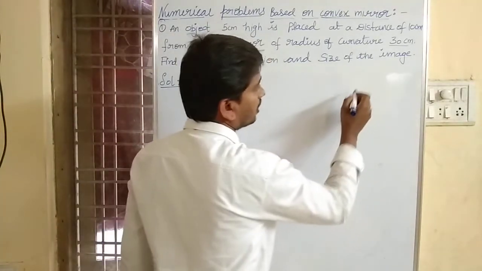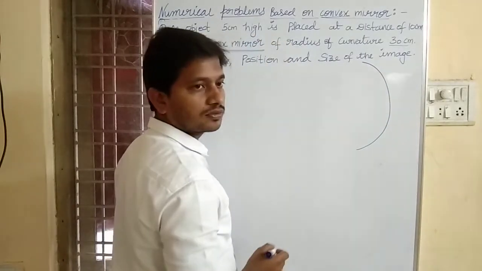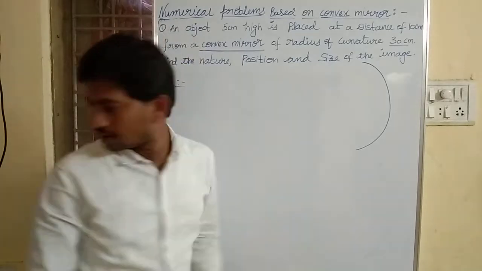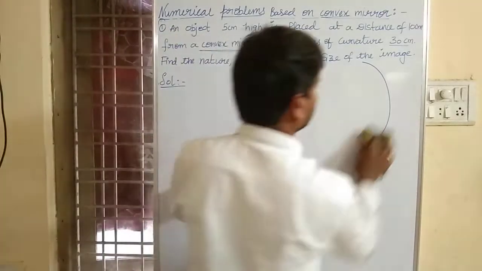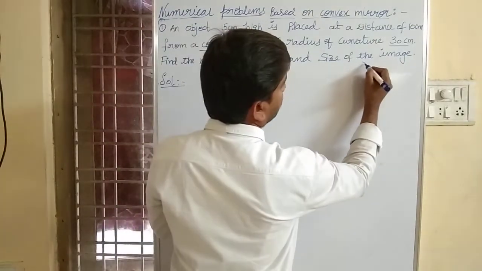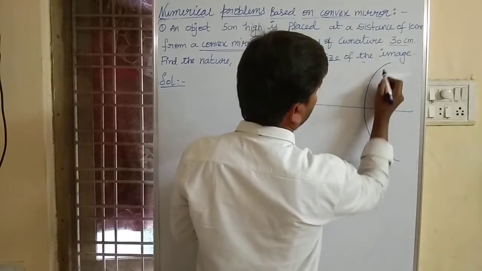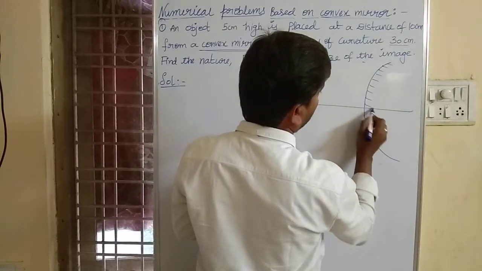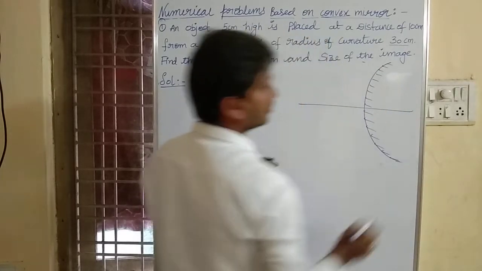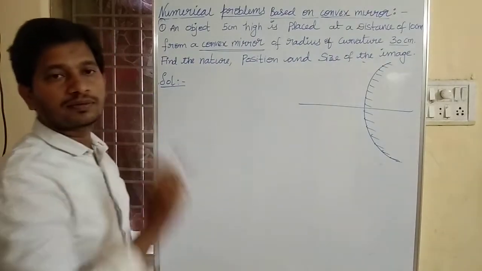This is our convex mirror. An object 5 centimeter high.